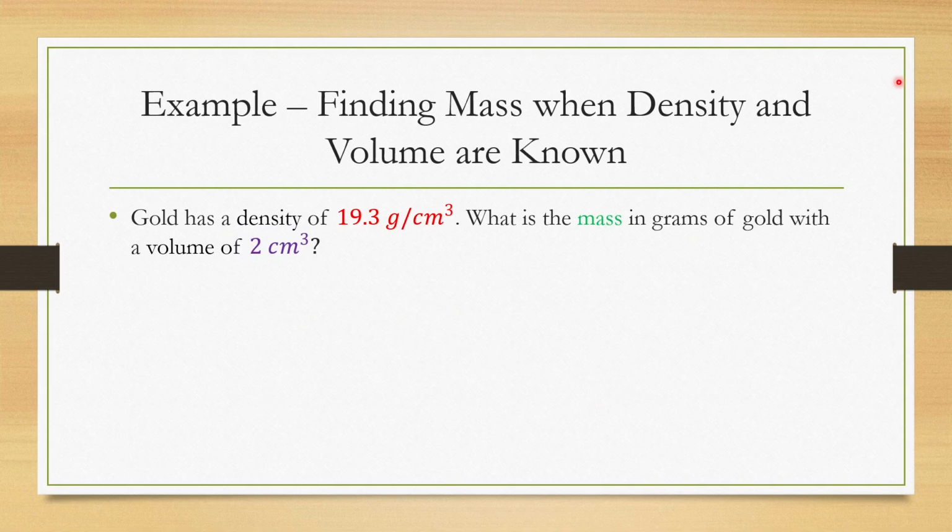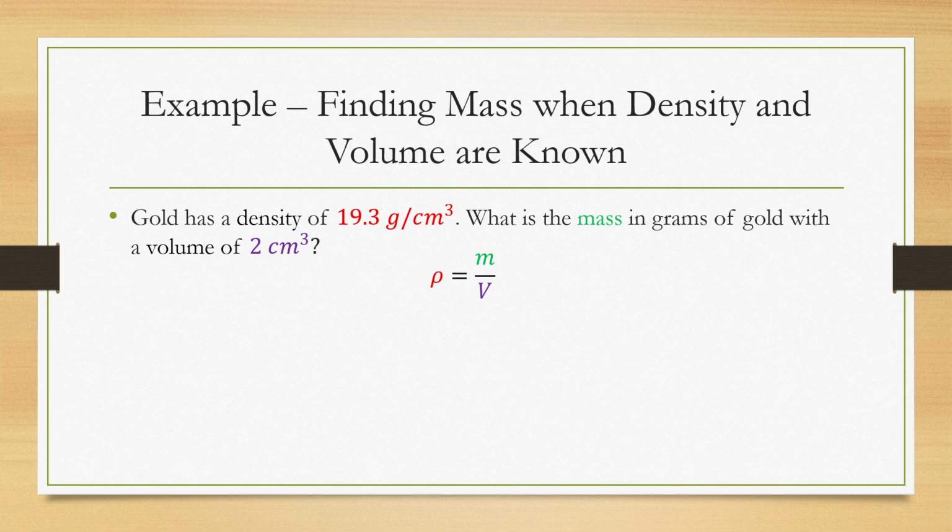I will be going over finding mass when density and volume are known. The problem says gold has a density of 19.3 grams per centimeter cubed. What is the mass in grams of gold with a volume of 2 centimeters cubed? First, we will start off with our density equation, which is rho equals mass divided by volume.